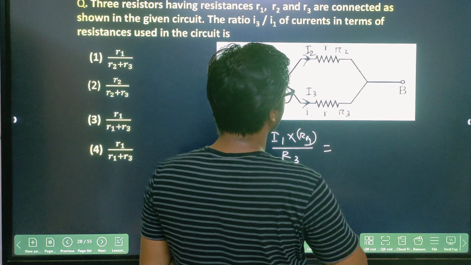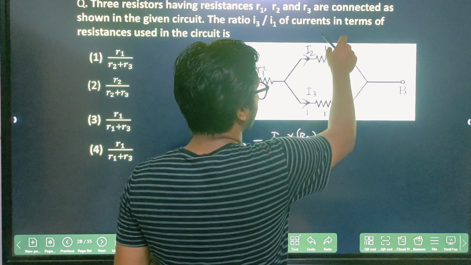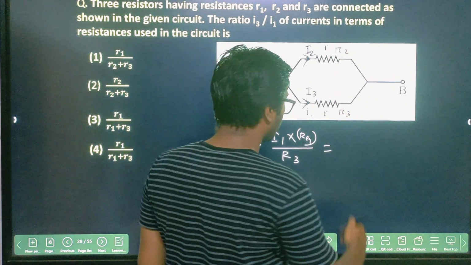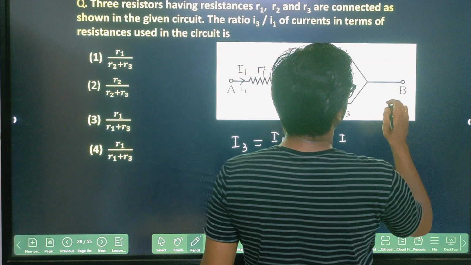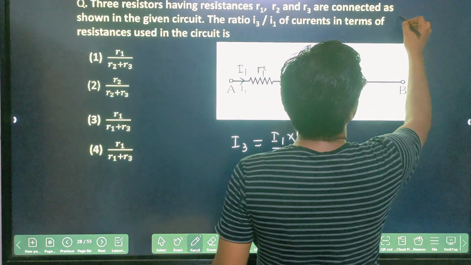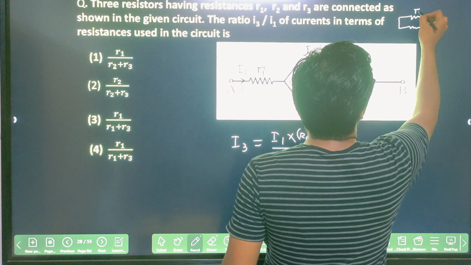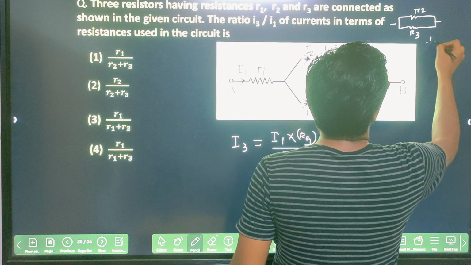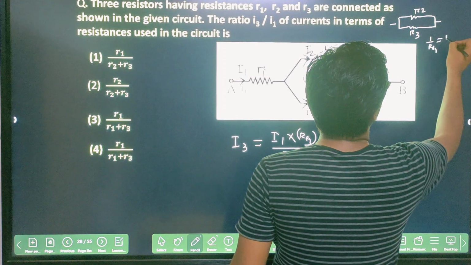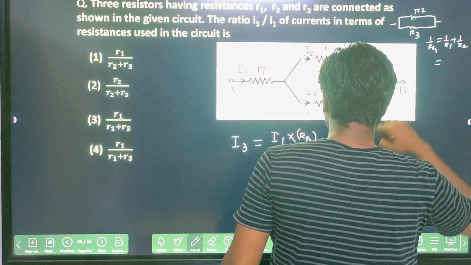So R equivalent will be which one? R2 and R3 are connected in parallel here. So if R2 and R3 are connected in parallel, what will be R equivalent? 1 by R equivalent is equal to 1 by R1 plus 1 by R2. Clear?